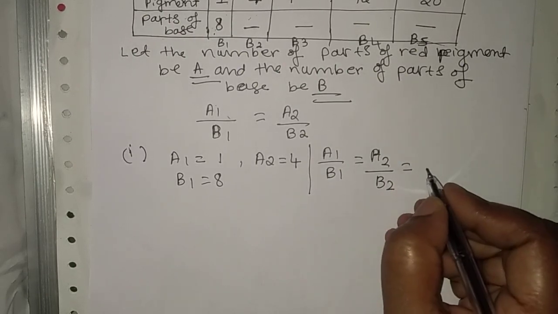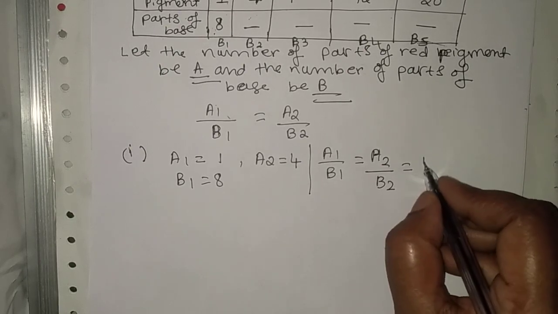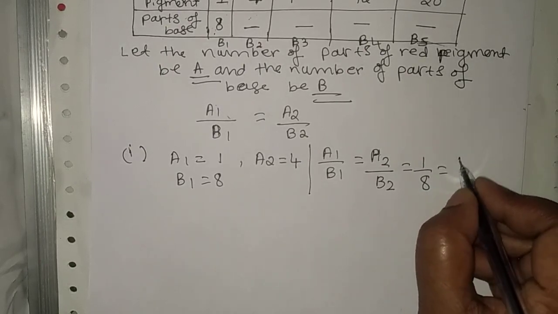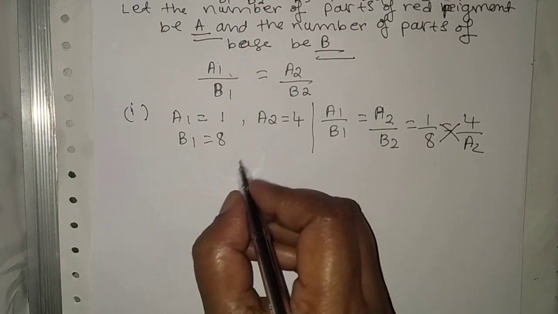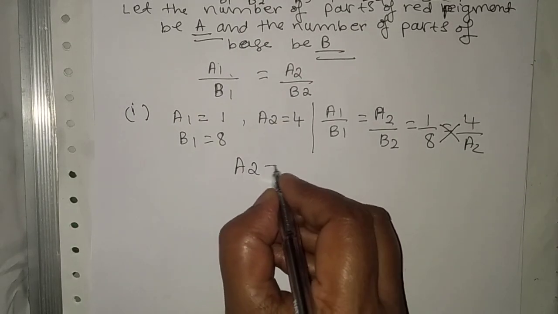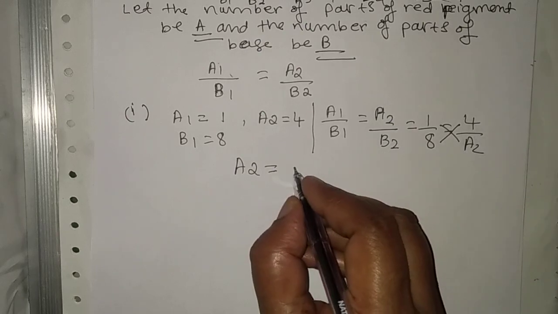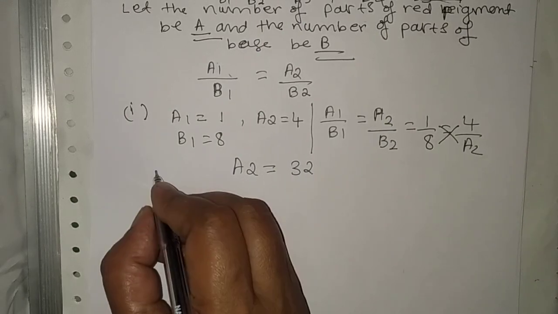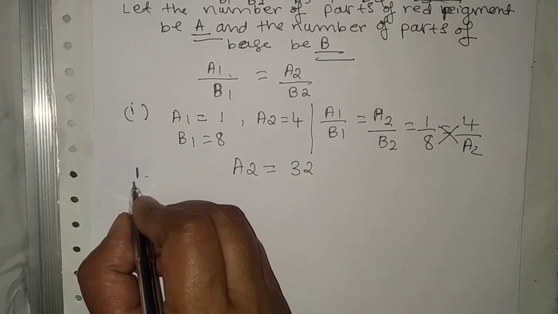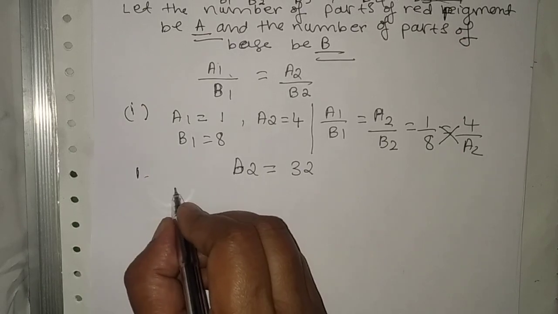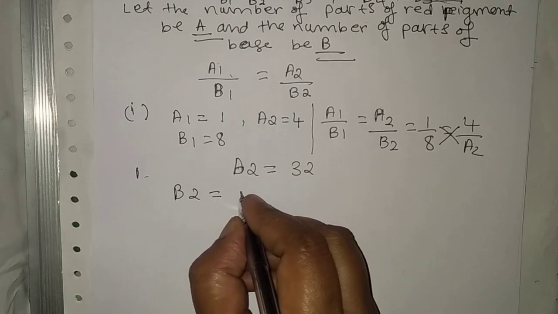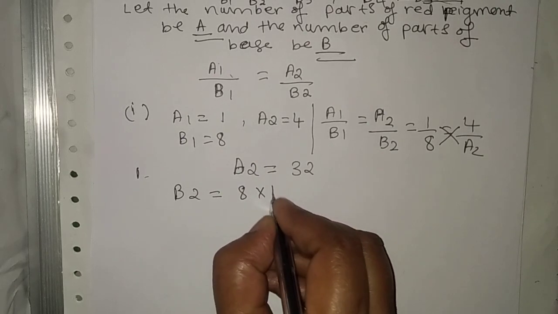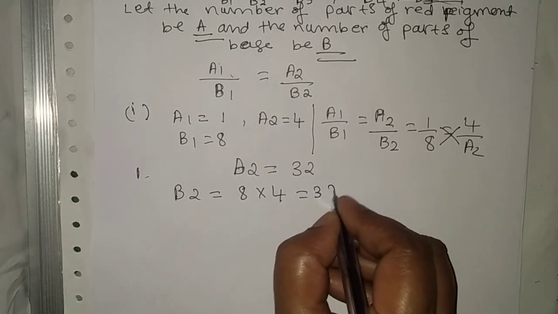Substitute the values: 1 by 8 is equal to 4 by B2. Now cross multiply. We get B2 is equal to 8 into 4, which is 32.